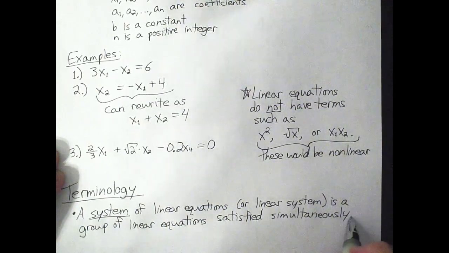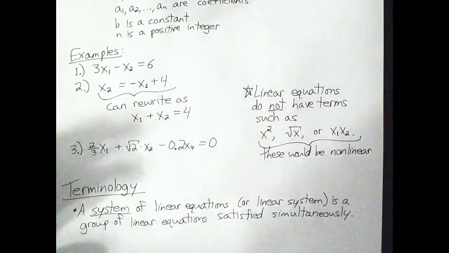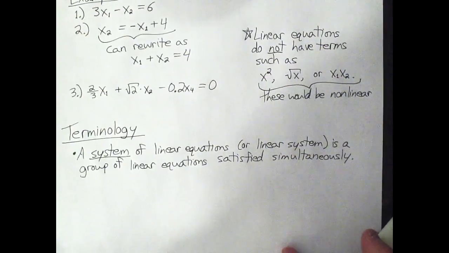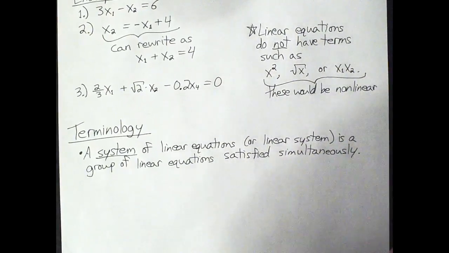And that word simultaneously is important, that you have a group of multiple equations and they are all satisfied at the same time. I guess by some value of x1 and x2 and x3 and however many x's there are. Something that makes all of the equations true at the same time.